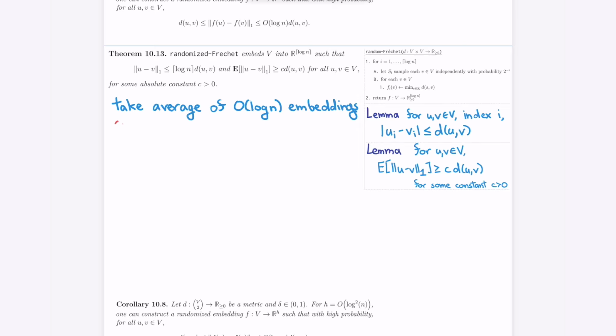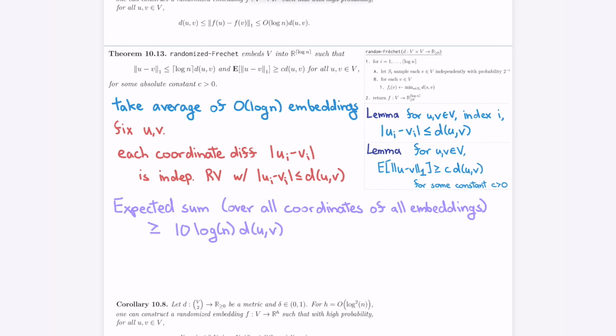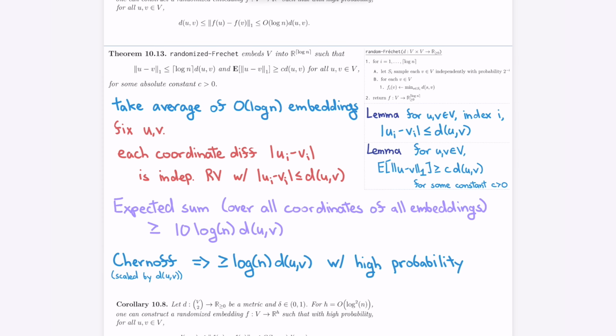In fact, it's really a sum where each coordinate represents an independent thing, and each of those is less than or equal to the distance. So you actually are in that Chernoff regime. If you apply the Chernoff bound, then you'll be happy.